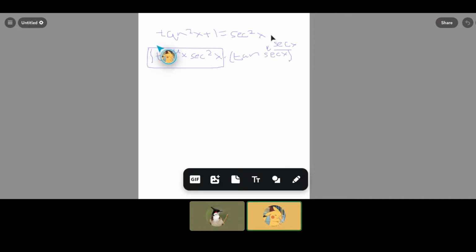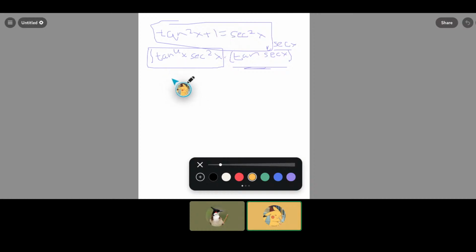So you can just u sub it in and then cancel this term out. And how do you do that? You solve this in terms of secant squared x, in terms of tangent, and then you plug it in. Wouldn't that just be tangent equals? No, solve in terms of secant, and then you plug in for tangent. So that just turns into root. Yeah, it is that.